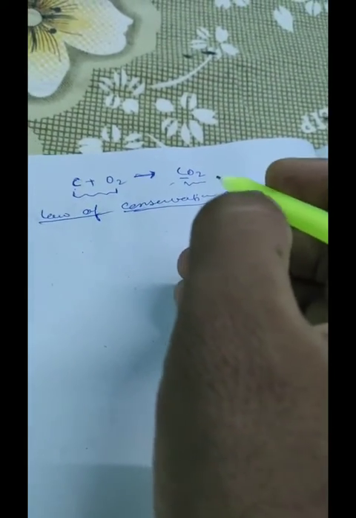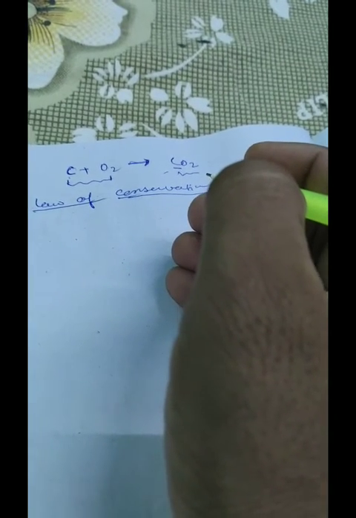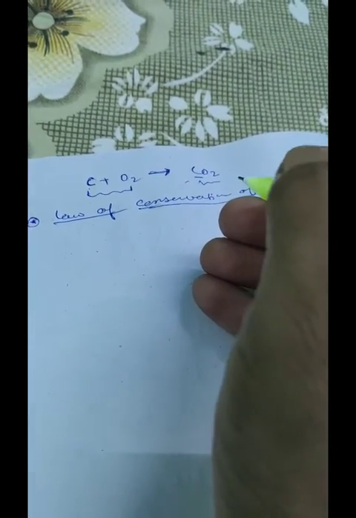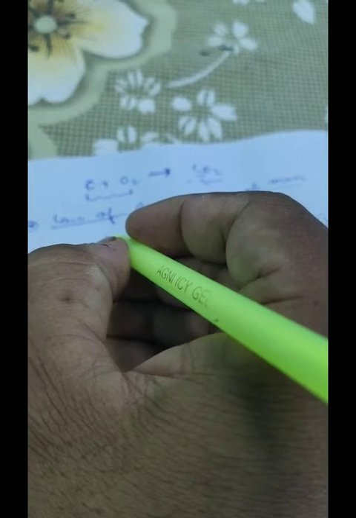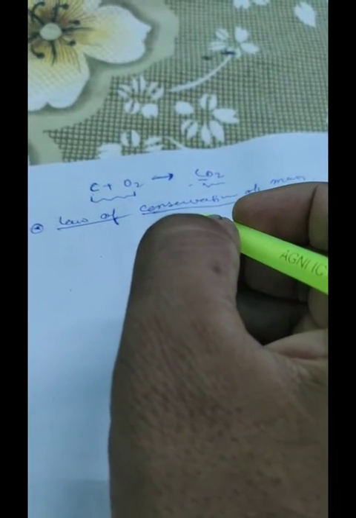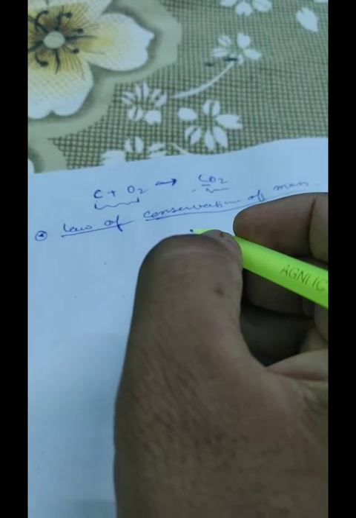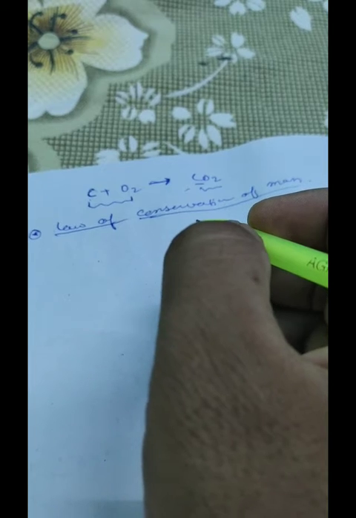Now, what are the limitations of a chemical equation? A chemical equation does not tell us about the physical state of a substance. So we write S for solid, L for liquid, G for gas, and AQ for aqueous solution. The reaction may not be complete; an equation does not say anything about this.